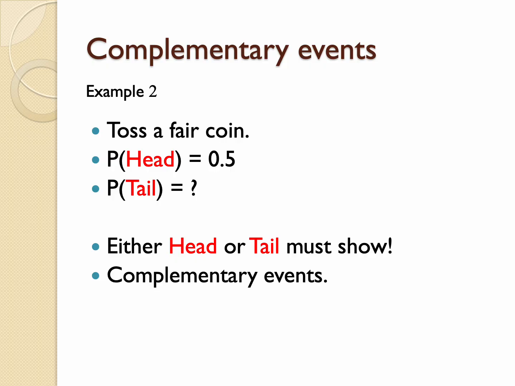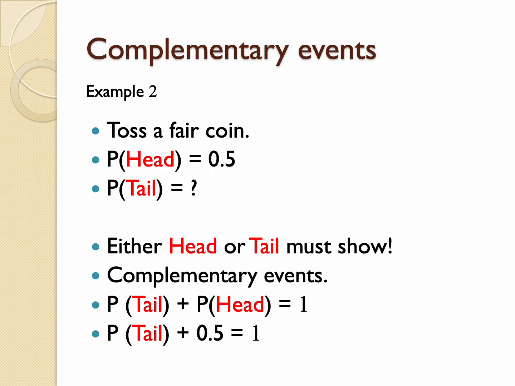Therefore, heads and tails are complementary events. This means that the sum total of their probabilities equals 1. So we can work out the probability of tails by substituting the probability of heads that's given at the top of the slide. Therefore, the probability turns out to be 0.5 for tails.